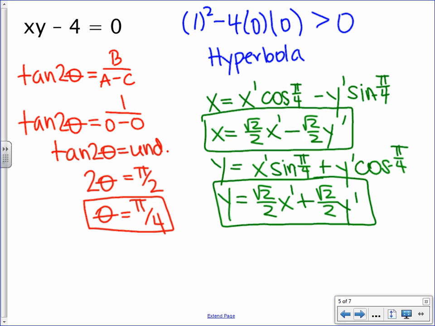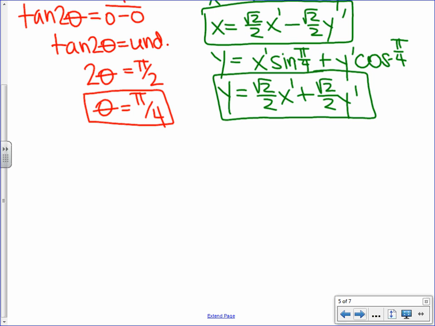What are we going to do with this now? We are going to take our x and y, and any x and y that you see in your equation, that's what you're replacing it with. So we have x times y minus 4 equals 0.